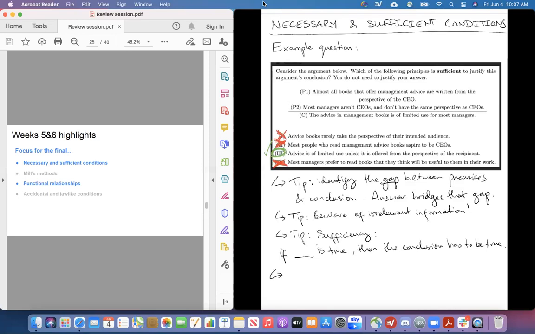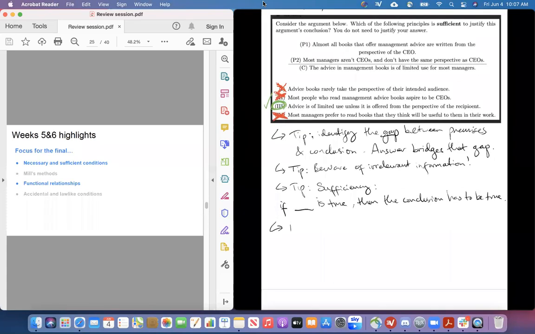I know we haven't been through one here, but you could also just as well be asked about necessariness. So the corresponding way to think, if you're asked which of these following principles is necessary for this argument's conclusion, we know what it means to be a necessary condition for the conclusion.